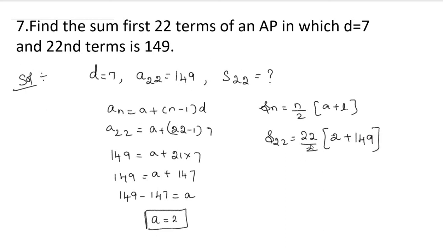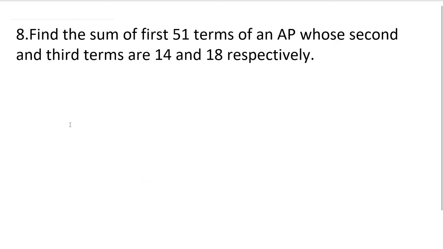So when I cancel, I'll get 11. So 11 into 151. What is 11 into 151? We will get 1661 when we multiply. So S22 is equal to 1661. Do you understand? Shall we go to the next sum, children?